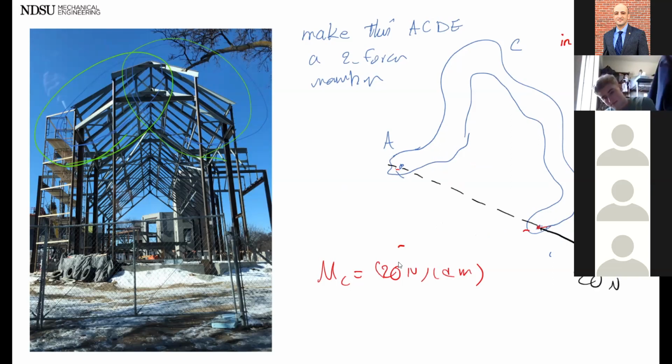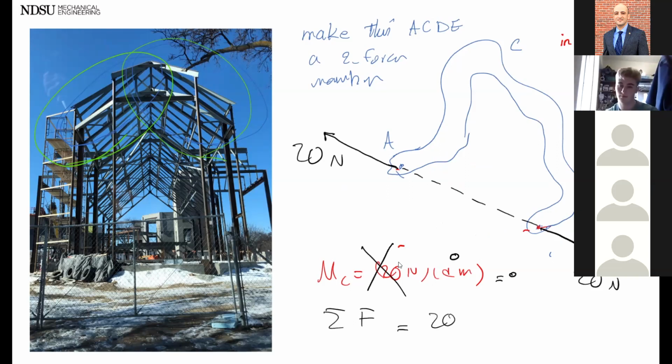20 newtons. Okay, now this is a two-force member and it is in equilibrium because the moment of the couple is going to be 20 times the distance, which is 0, so it's 0, so there's no moment of a couple, there's no unbalanced forces on it. Also, summation of forces in this case is going to be 0, so then it is in equilibrium.